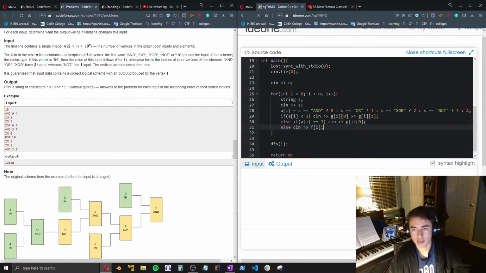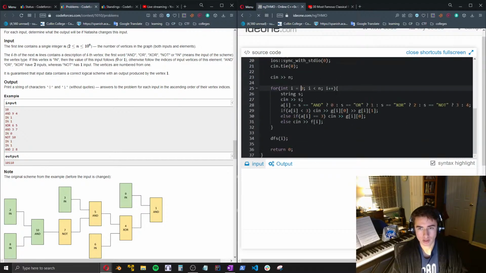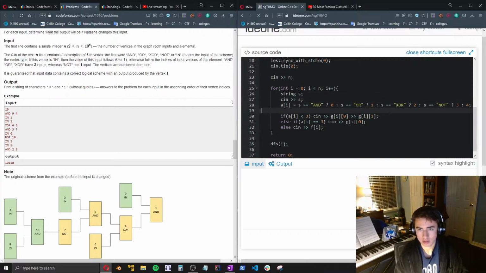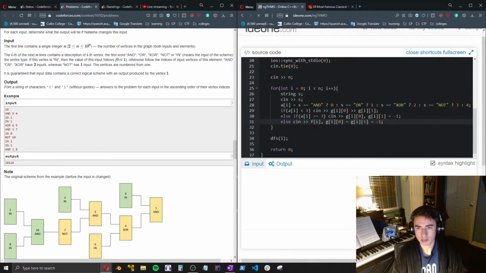Let's do it like this instead. And then let's one index them. No. Right. Let's say i1 is equal to negative 1, 0 is equal to 1, something like this.